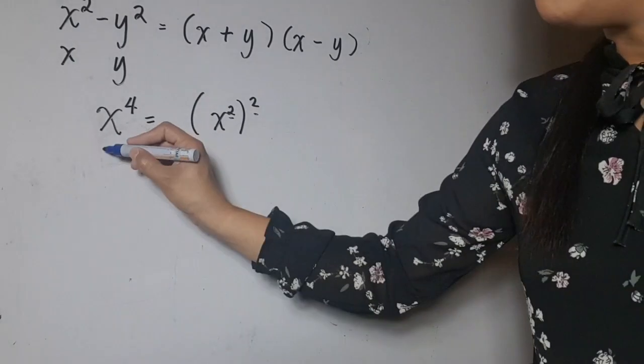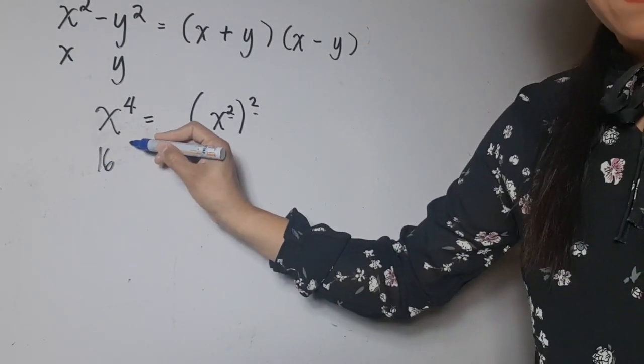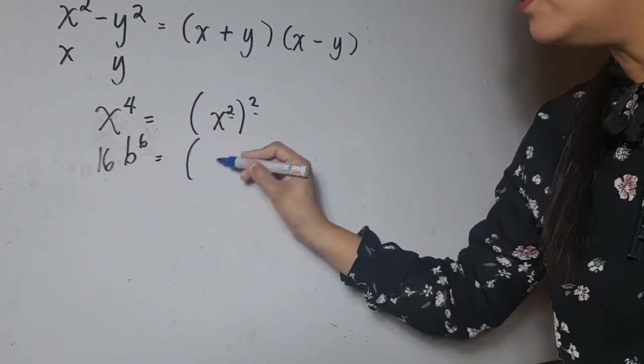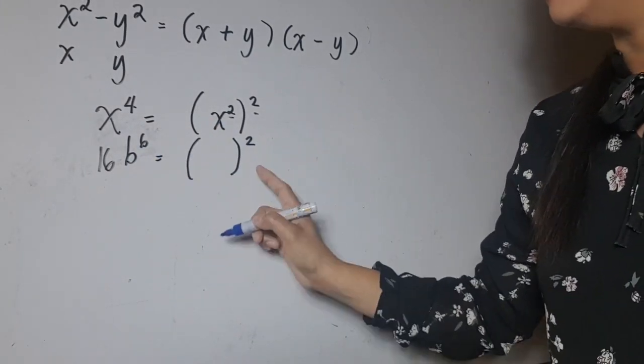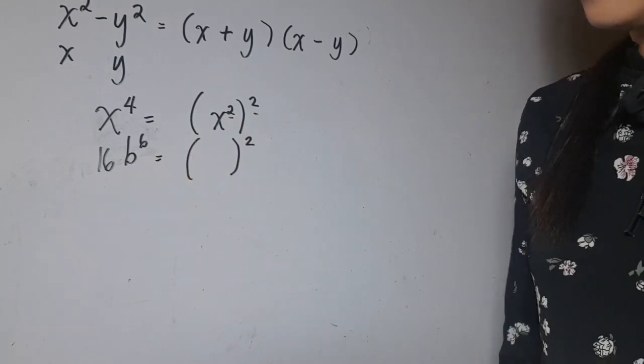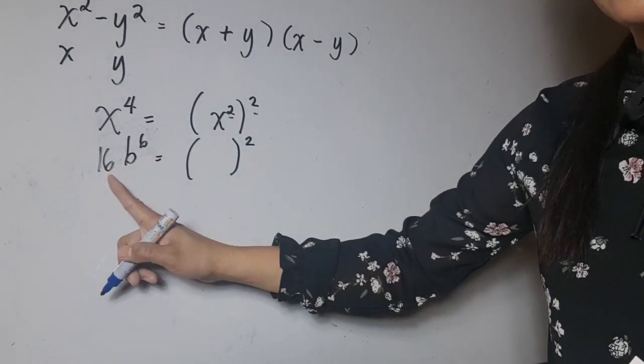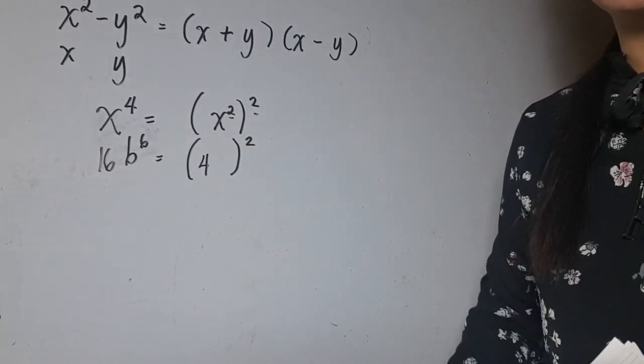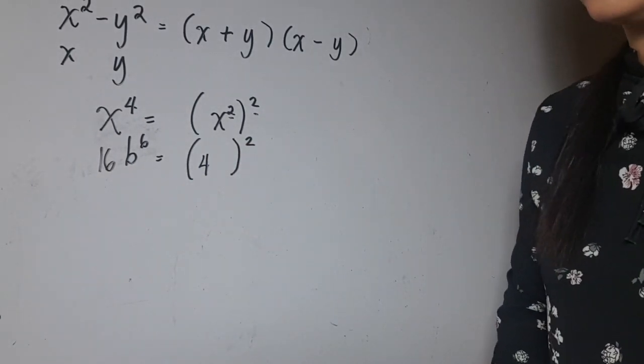Another one, if you have 16b to the sixth, you're asked to get the square root of 16b to the sixth. The square root of 16 is 4. What about b to the sixth? What is the square root of b to the sixth?